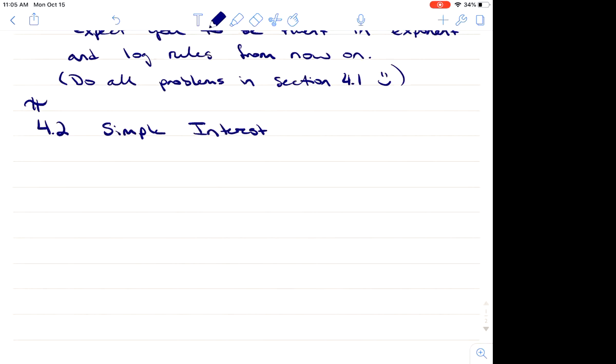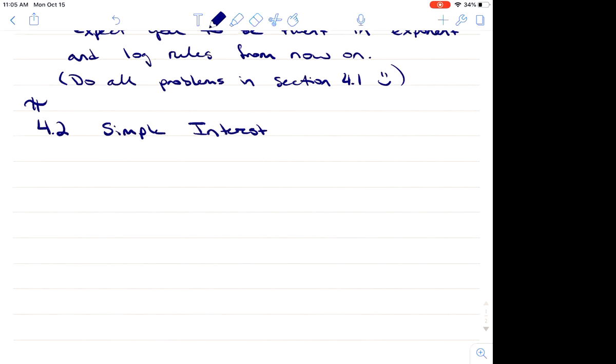So we have some initial amount regardless of whether it's a loan or a deposit, and it sits there and grows for some amount of time. In the end, we've earned some amount of interest or we owe some amount of interest.